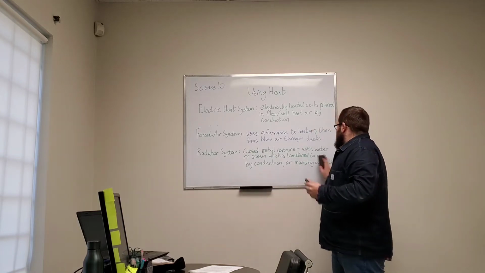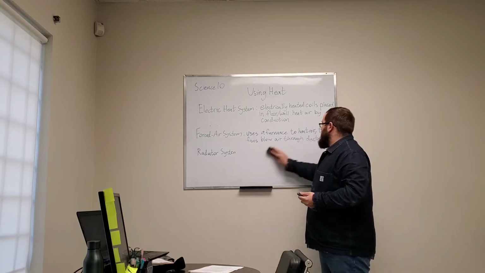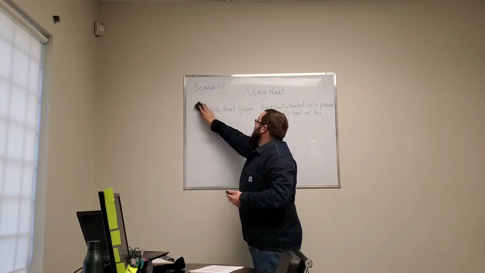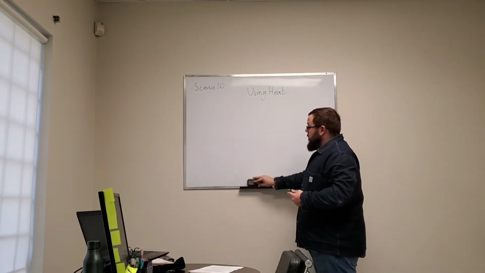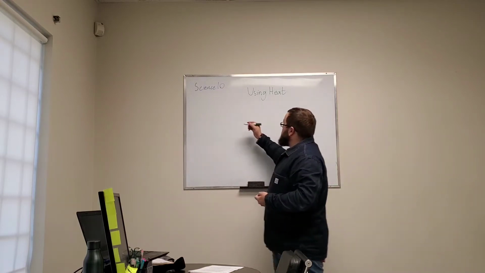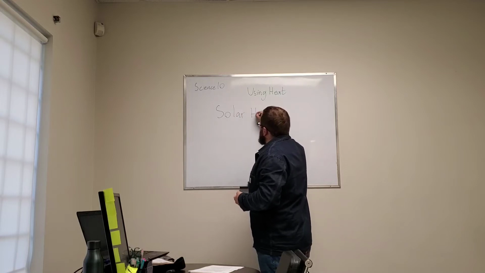Okay, so there is one other way that we can look at generating heat or thermal energy, and that's through radiation, right? These three here were either conduction or convection. But we can talk about radiation a little bit, and this is basically through solar heating, right?